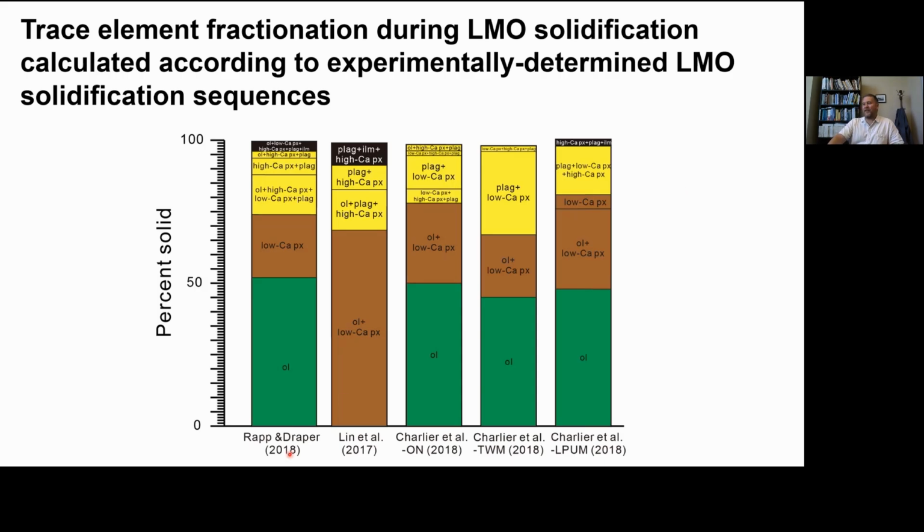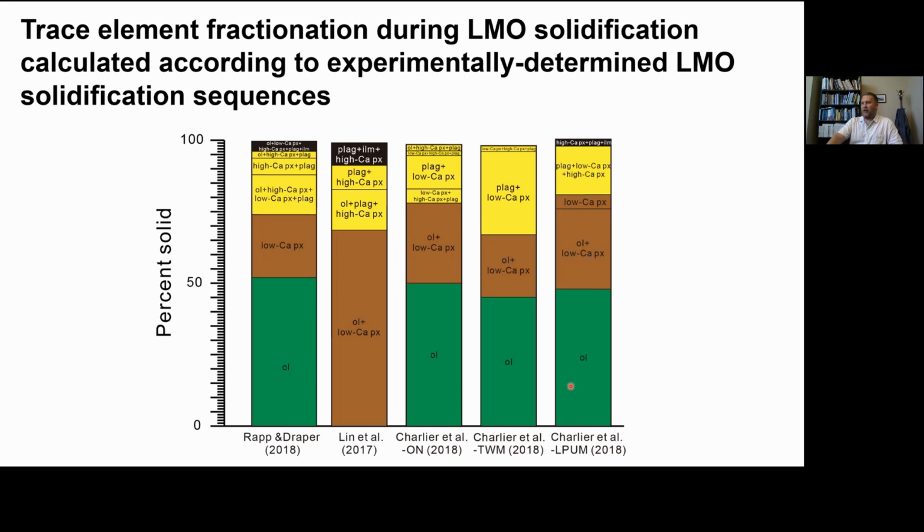In any case, these different studies investigated the solidification sequence for different bulk moon compositions of the magma ocean. In particular, these studies investigated bulk moons that have an enrichment in refractory calcium and aluminum, so these produce more plagioclase. Other bulk moons are more similar to Earth's upper mantle, like the LPUM model, and produce slightly less plagioclase.